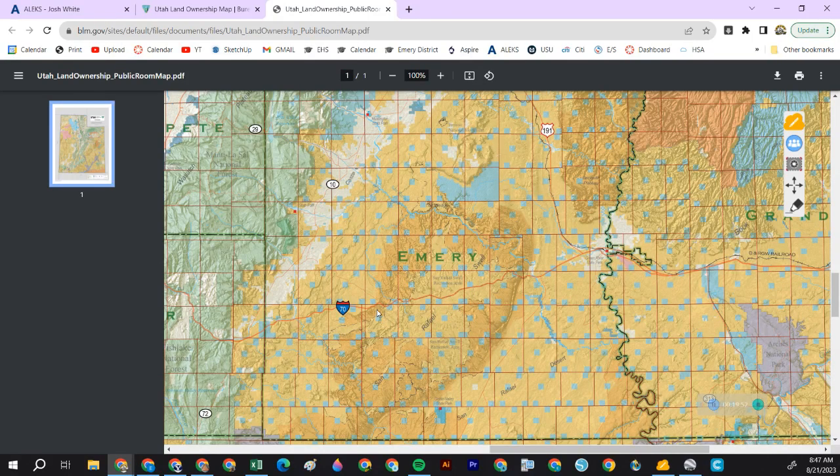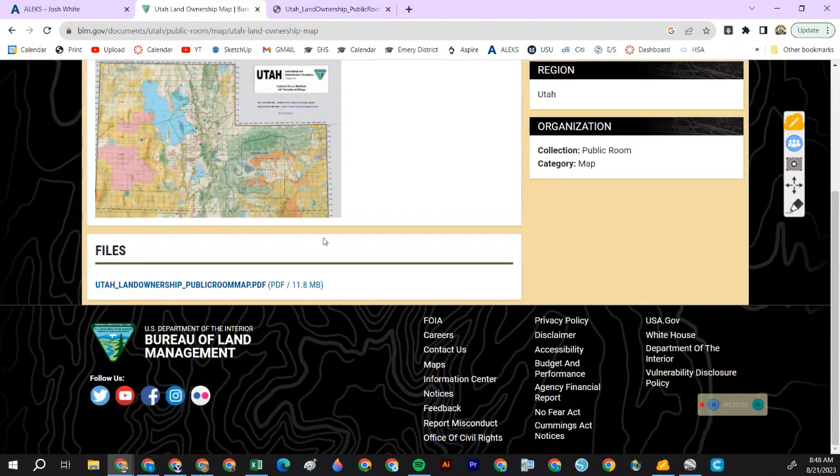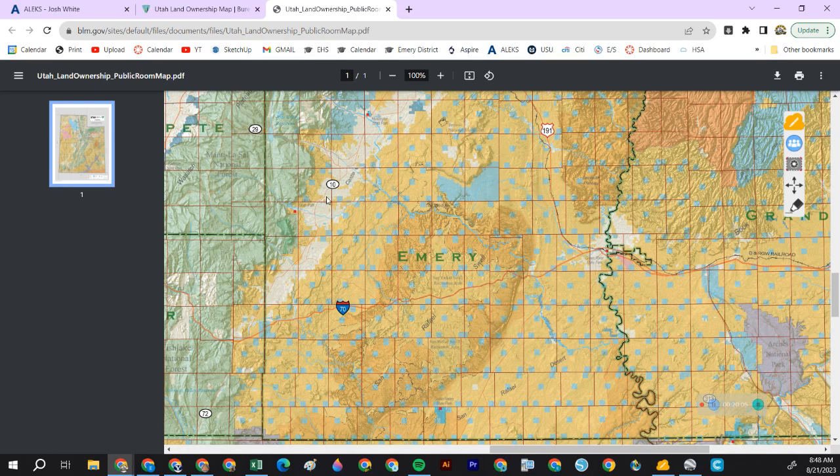Those are the state squares. So when Utah was made a state, these are called, okay, let me see. I can't remember. These are called sections, and these are called townships.